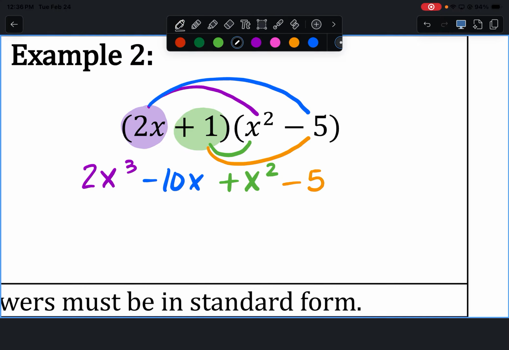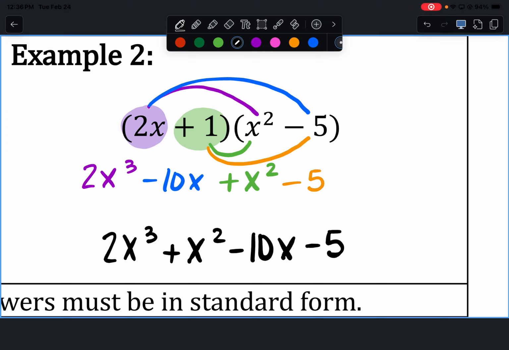How do I write it in standard form? So 2x to the third plus x squared minus 10x minus 5. Yes. So that is all we have to do. Are there any questions on either of those examples?